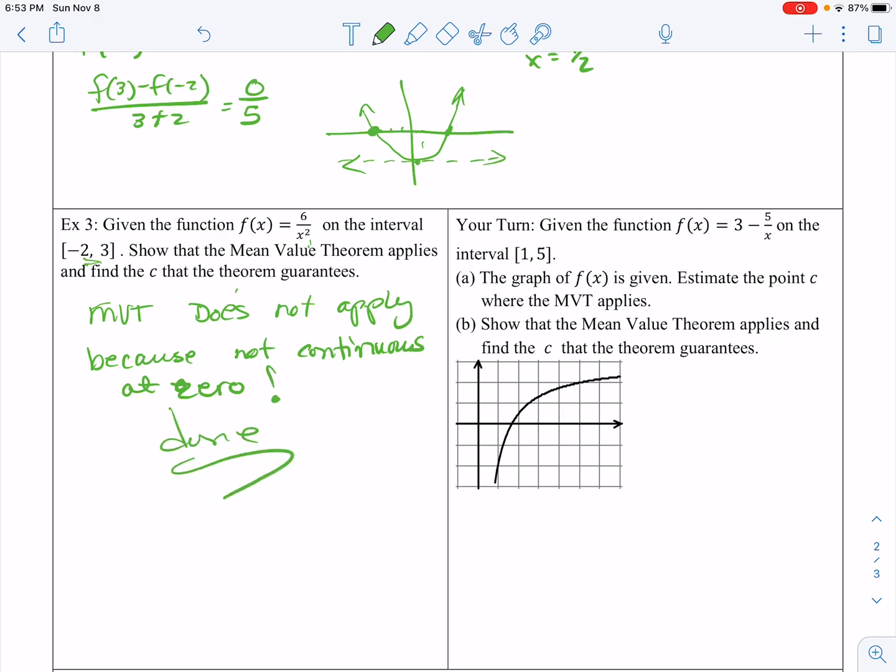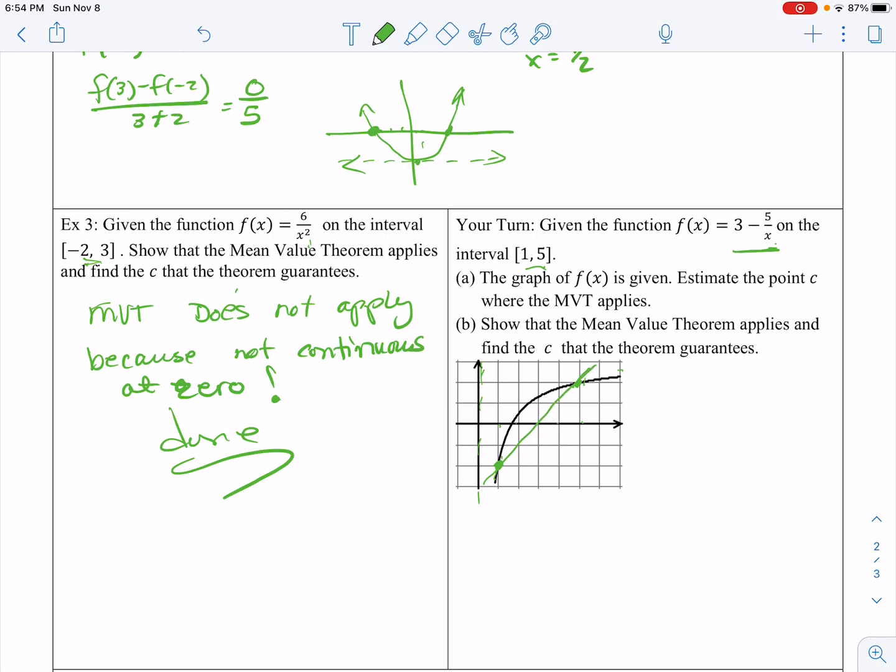Okay. All right, what about this from 1 to 5? Well, it is continuous because here's the graph. Discontinuity is at 0. Okay. It says on the interval from 1 to 5. So here's 1. 1, 2, 3, 4, 5. Okay, so what's the slope of that line?